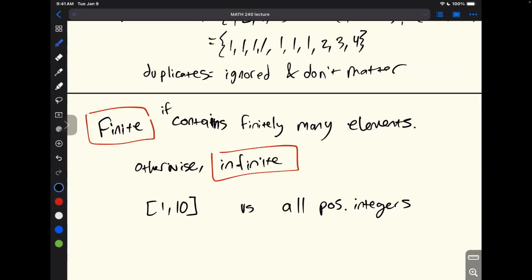In one of them, it's finite. There's 1, 2, 3, 4, 5, 6, 7, 8, 9, 10. In the other, it's infinite, all positive integers. So that's finite, that's infinite.